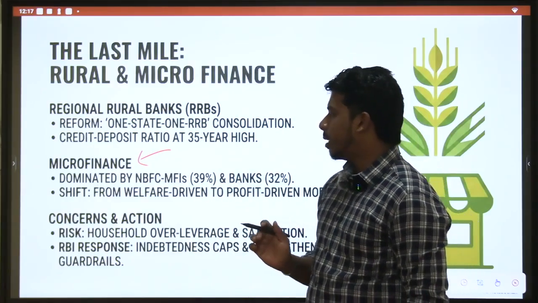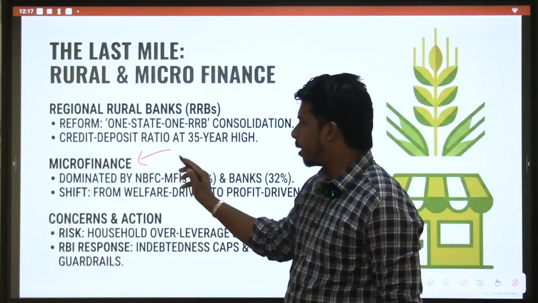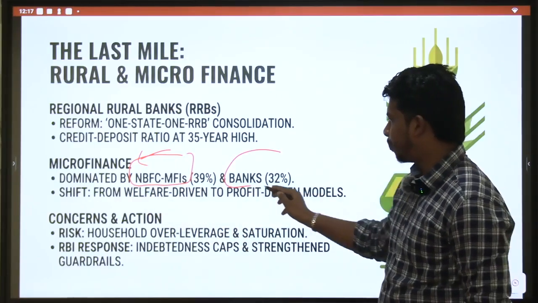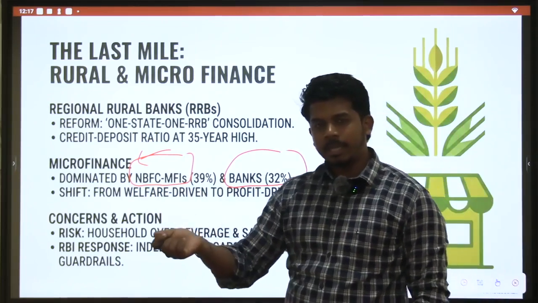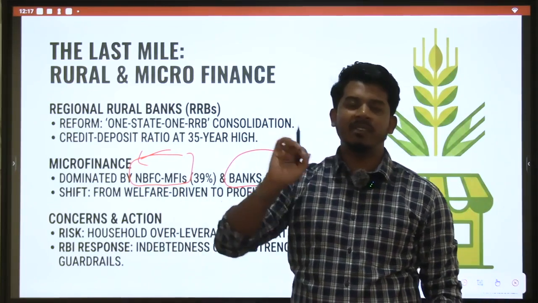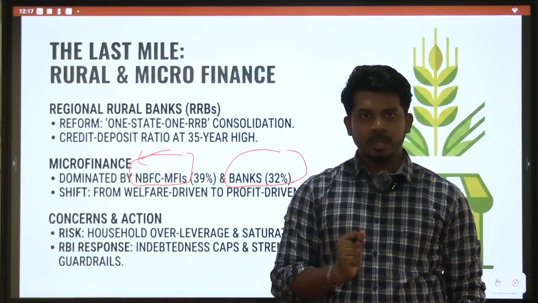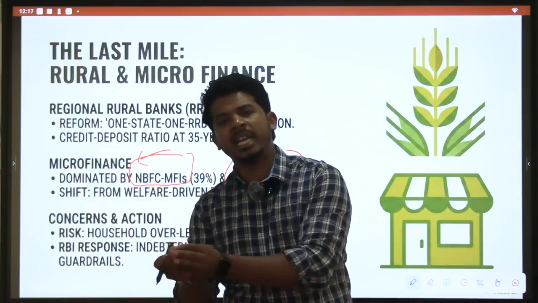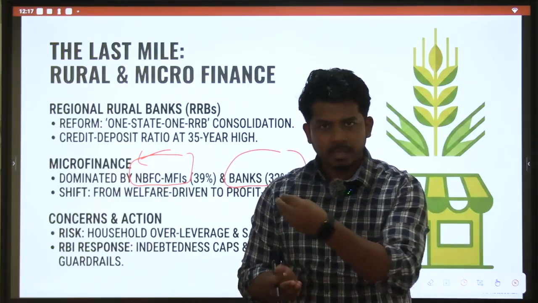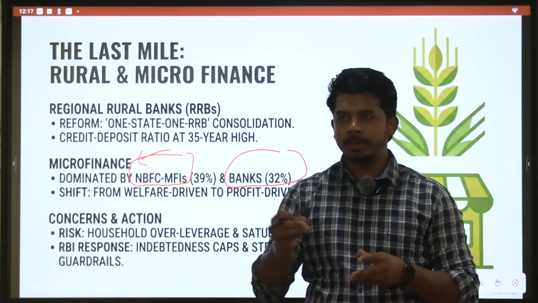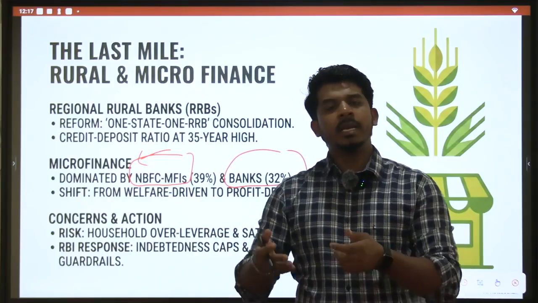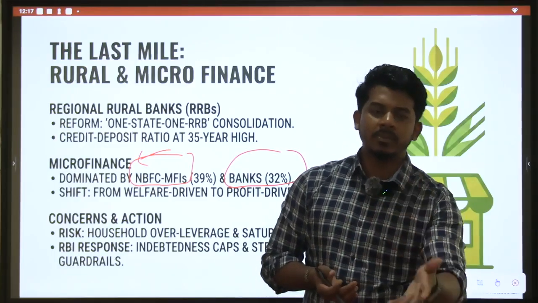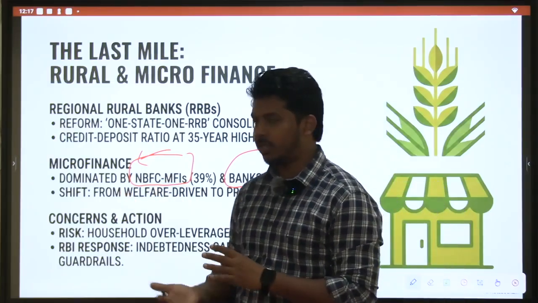But this microfinance is dominated, again, by big NBFCs, big banks, etc. Initially we started with an intent of welfare, not profits. We wanted ordinary people to get some minimum loans so that their daily life can happen. They can invest in minimum capacities, in minimum shops, like a street vendor, and they will earn something and pay back the loan. Our intent is welfare in the creation of microfinance institutions.